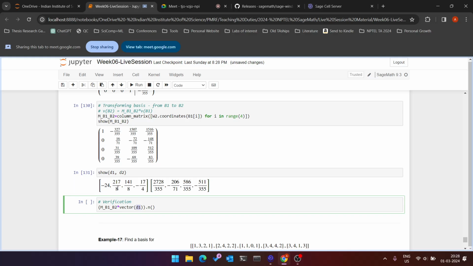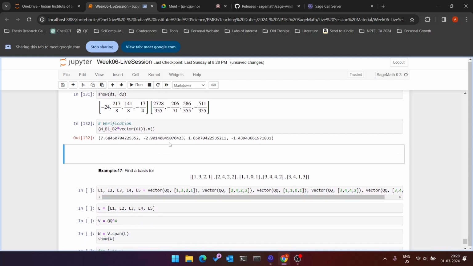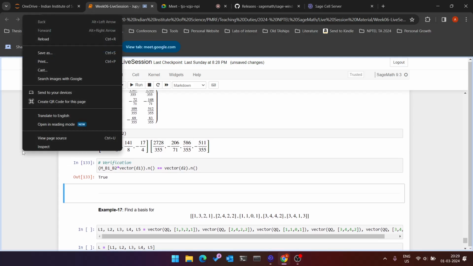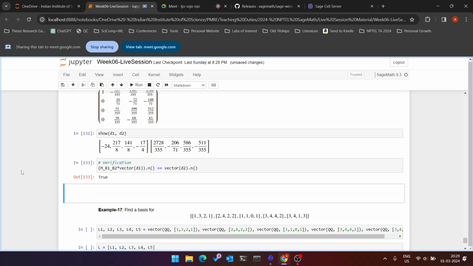So coordinates this, and that should ideally give us d2. Right? So is this equal to d2, the vector of d2? This is what we want to see. Right. So our method is indeed correct for basis transformation, and this is what we obtain.